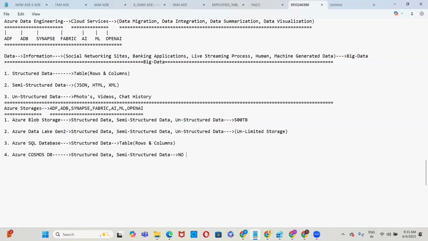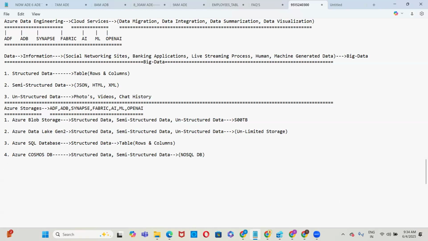It is called a NoSQL DB, that means NoSQL database. That means there will be no SQL language, so there will be no strict rules or relational rules. Hence we can store the data in semi-structured or structured form. This is the advantage of Cosmos DB.